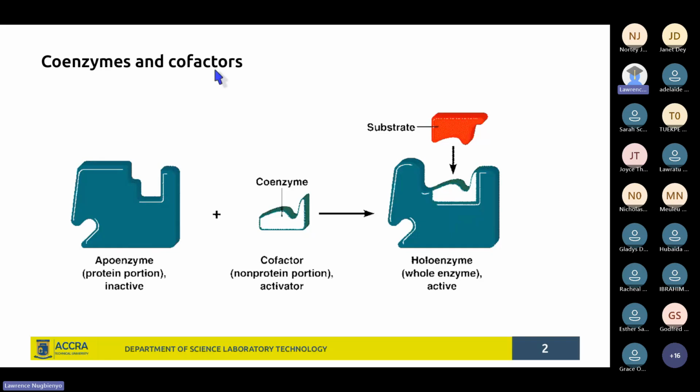But here, what we have on our screen is a depiction of what we refer to as an apoenzyme. Sometimes you also see it being just called apoprotein. And that is the protein part of the enzyme, the inactive part of the enzyme, which requires the cofactor or the coenzyme to bind to it in order to make it active.